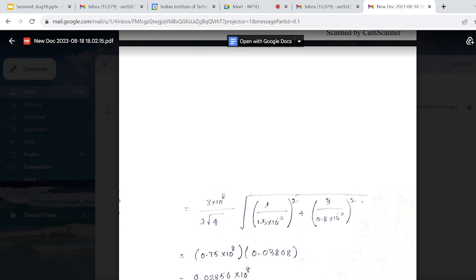I think I mentioned 0.28. Maybe I made a mistake somewhere, but whatever I am seeing right now, the right answer is 0.28 gigahertz.